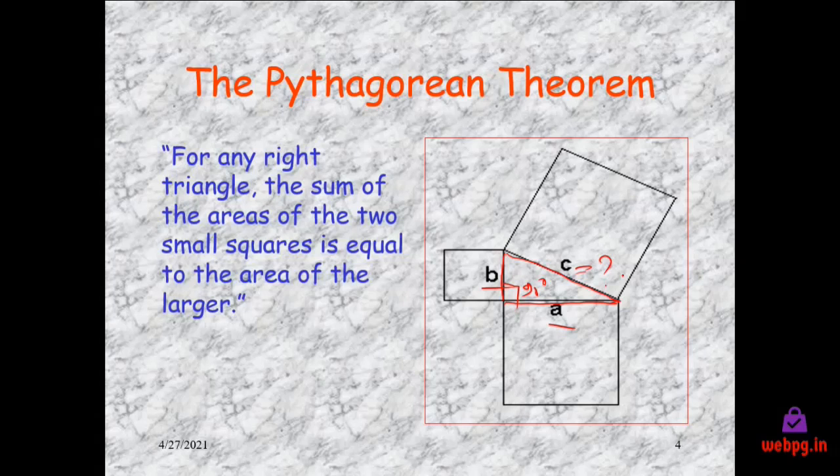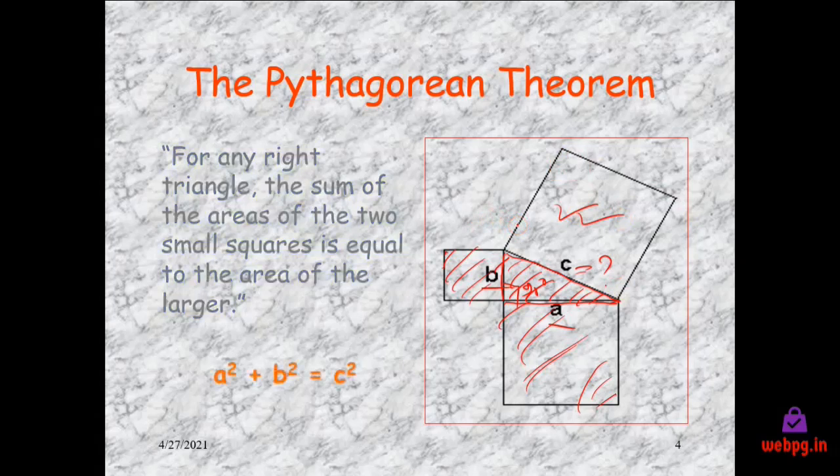What I'm saying here, I'm repeating: for any right triangle, the sum of the areas of the two small side squares is equal to the area of the large one, right? If we consider these two areas and add them, then it will equal the area of the large square.